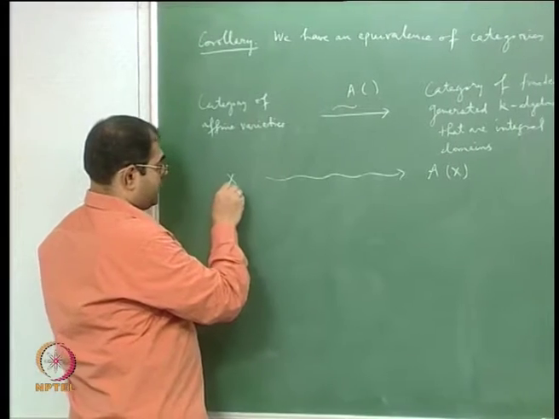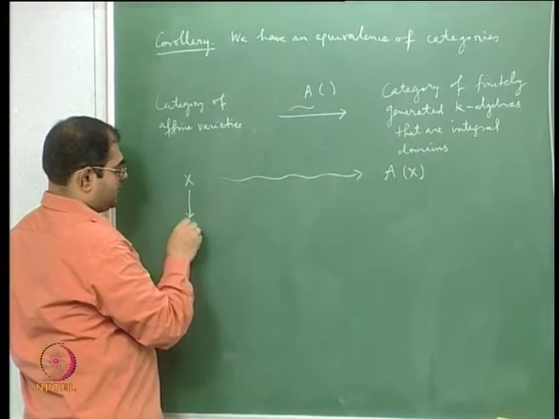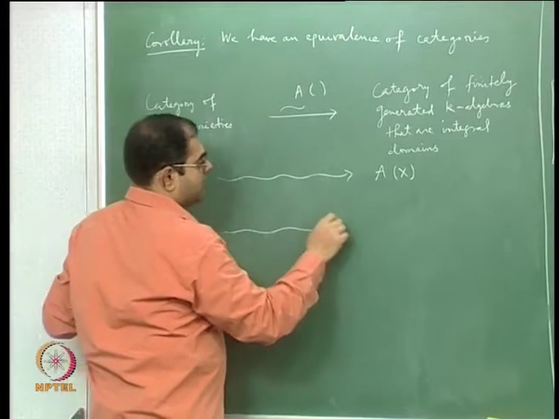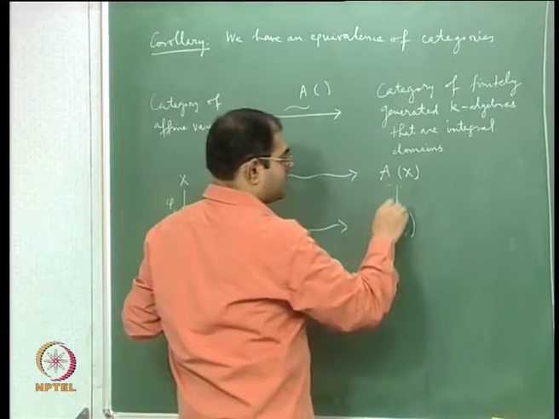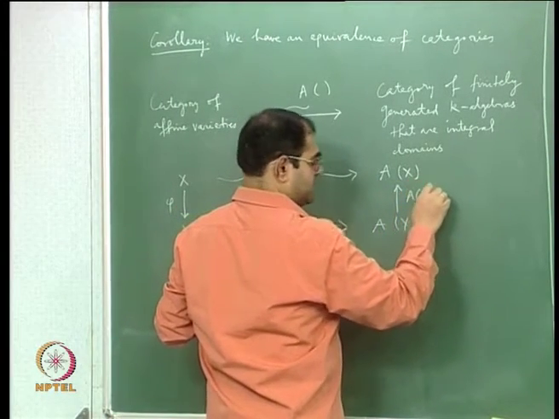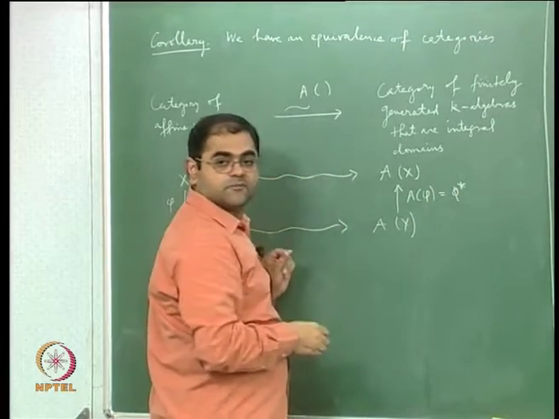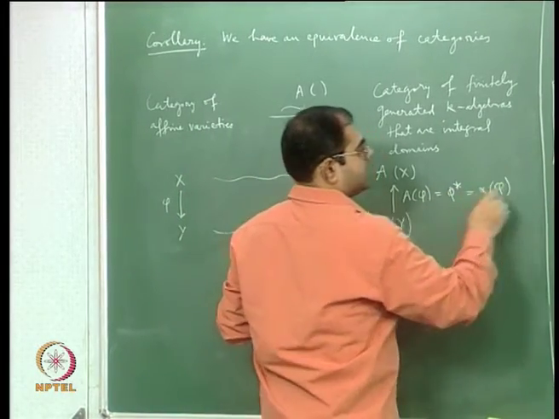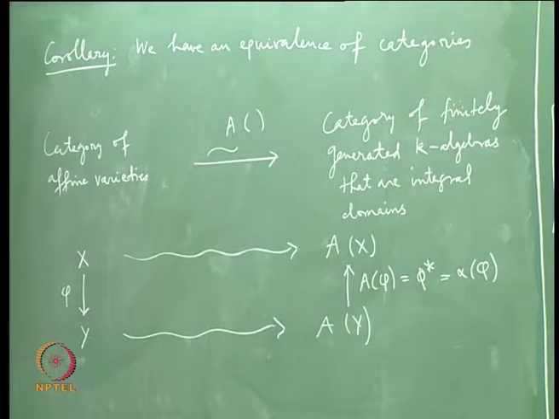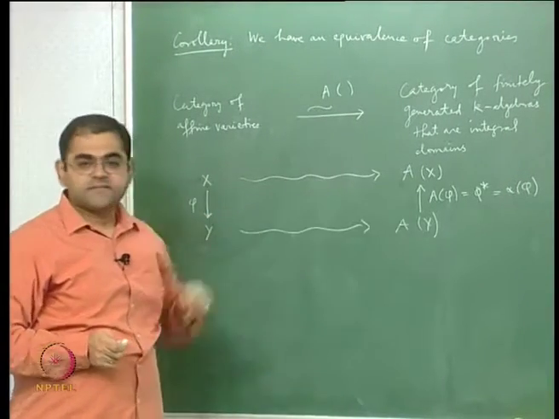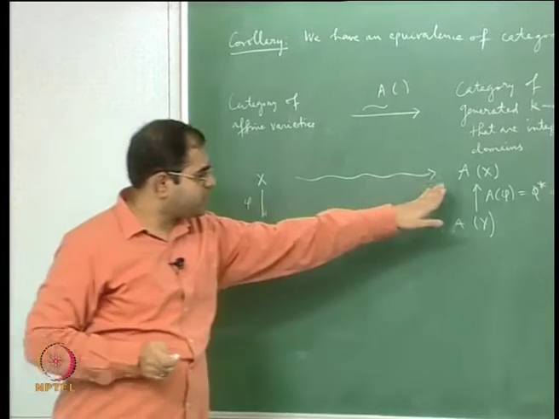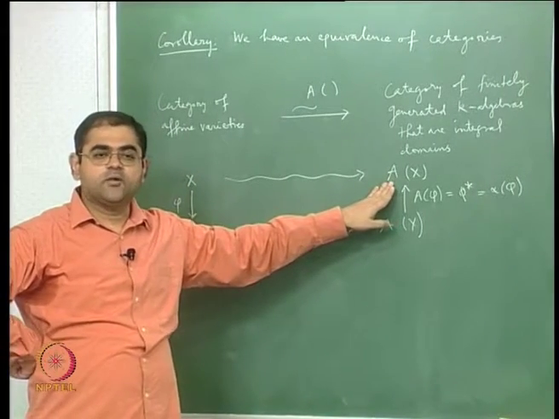So if you give me another affine variety, I get A(Y), and if you give me a morphism phi from X to Y, I get A of phi. This A of phi is nothing but phi star, the pullback of functions, which is just alpha of phi in all our previous notations. So this is a functor: for every object here, an affine variety, I get an object there, a finitely generated K-algebra, and that is an integral domain because it is a polynomial ring modulo a prime ideal.